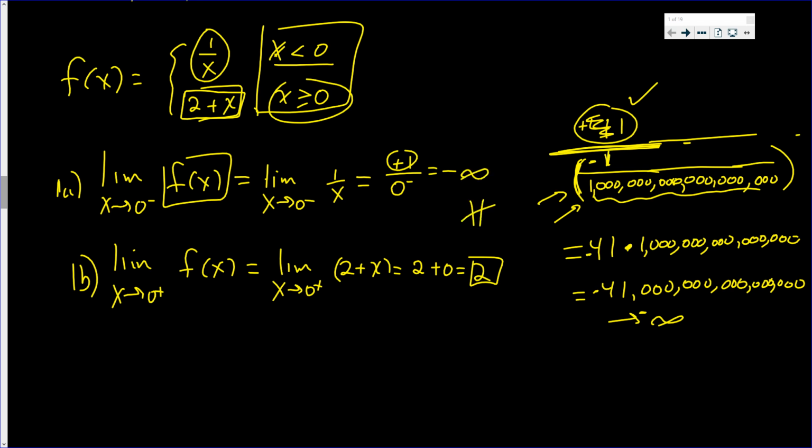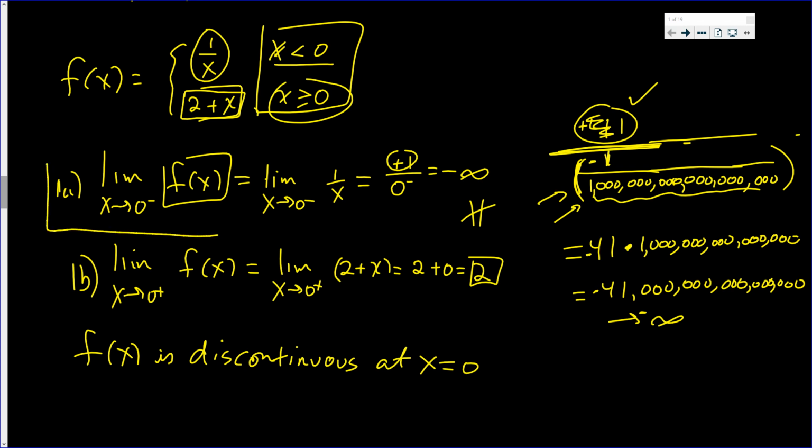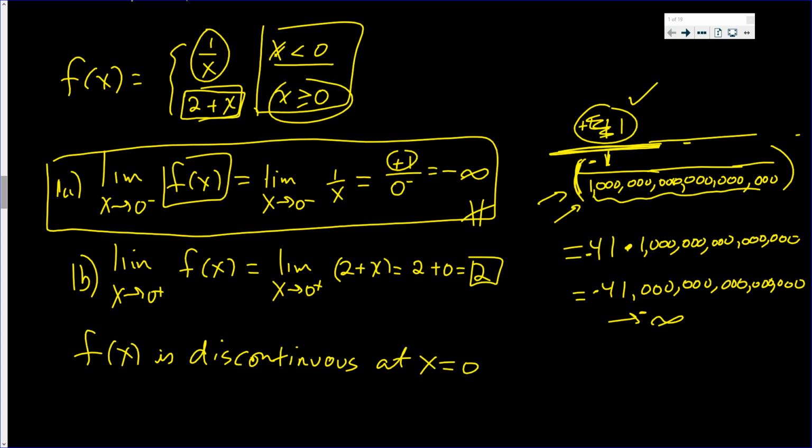Okay, these are not equal. So f of x is discontinuous at x equals 0. In fact, it was enough just to show this. Equaling negative infinity, that means that limit doesn't exist.